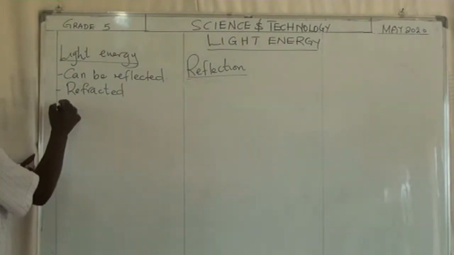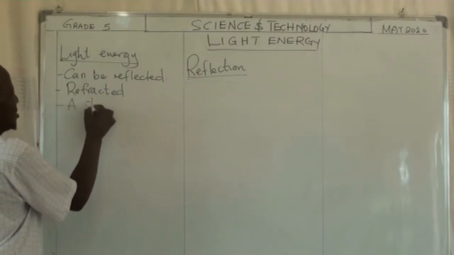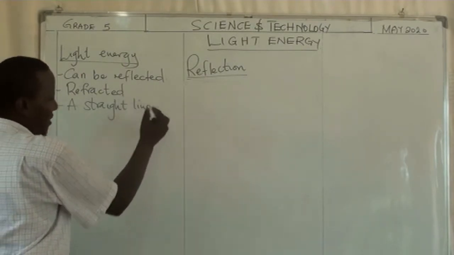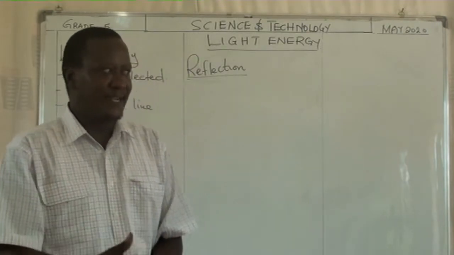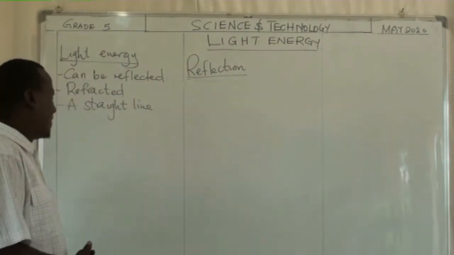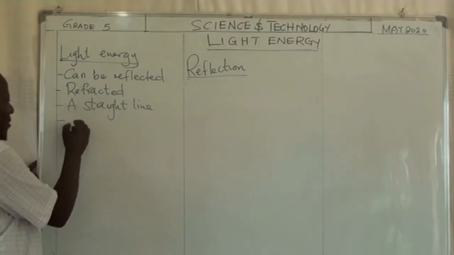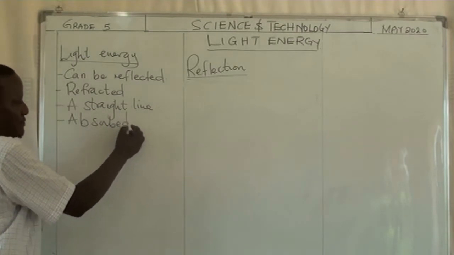We also say that light energy travels in a straight line. They cannot pass through bent objects. We got some diagrams that I drew for you, and if you go back, you can remind yourselves. Another one, we say that the light energy can be absorbed.